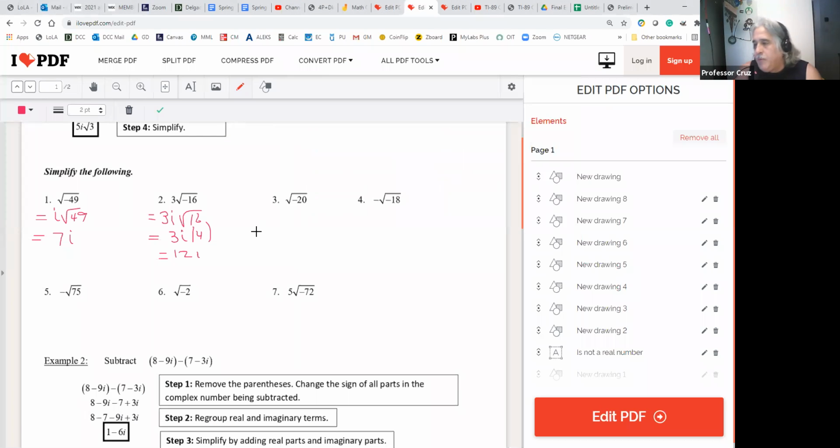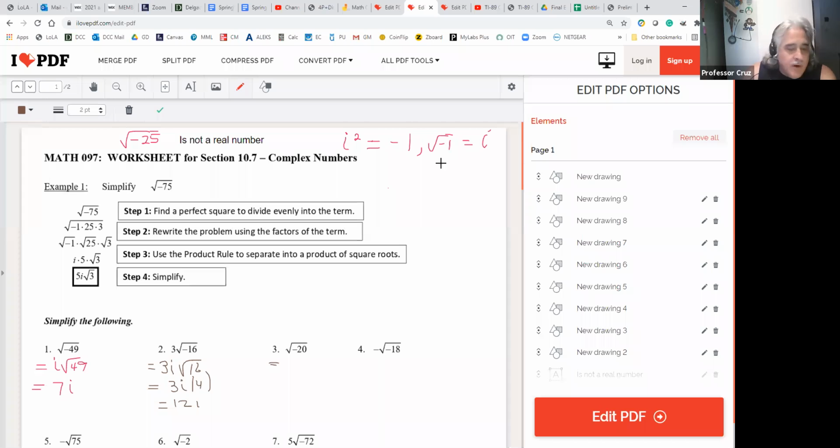All right, so what happens on this next one? Like I said, the best way to just fix it without thinking about all the whys and wherefores is this.